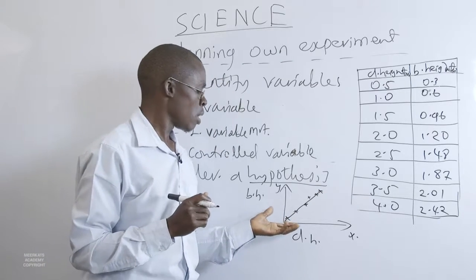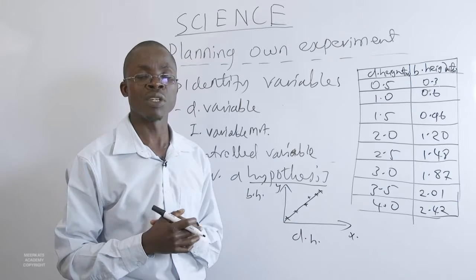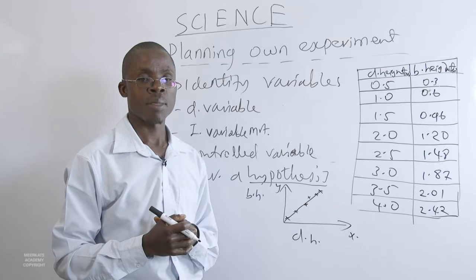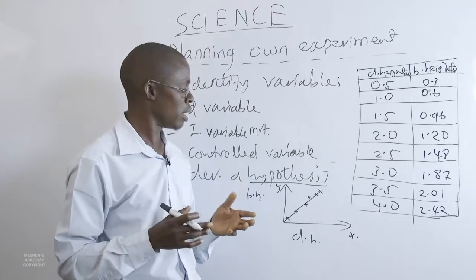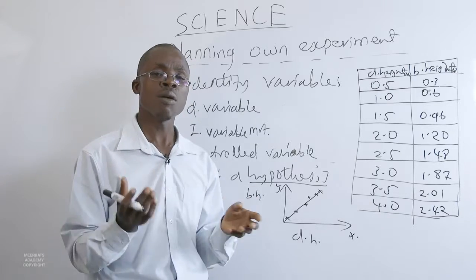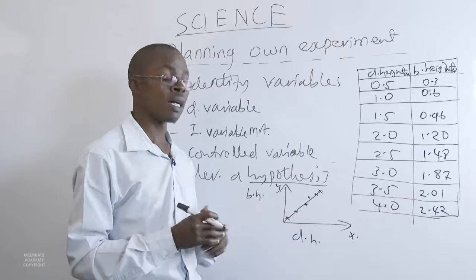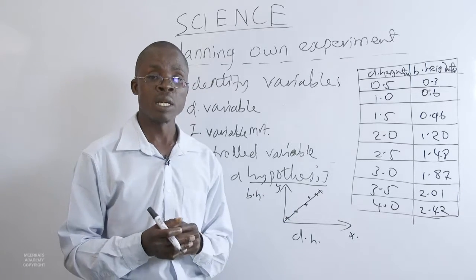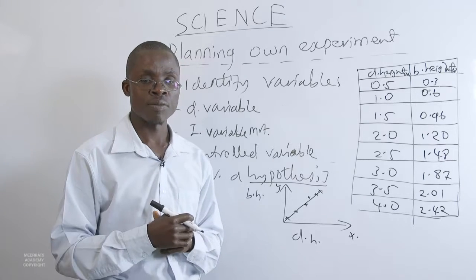So this is where we come up with what we call a line of best fit. It only comes in when you know very well it is a straight line, but some of the points are off the line. Reason? Errors are always there, and we always have to accept. That's why we always say record the figures sincerely.